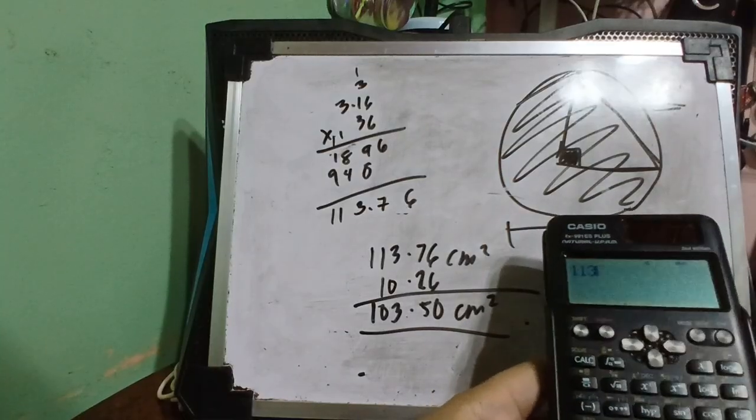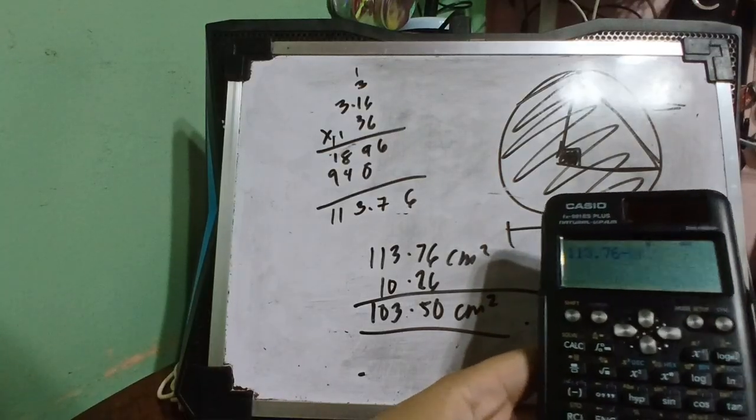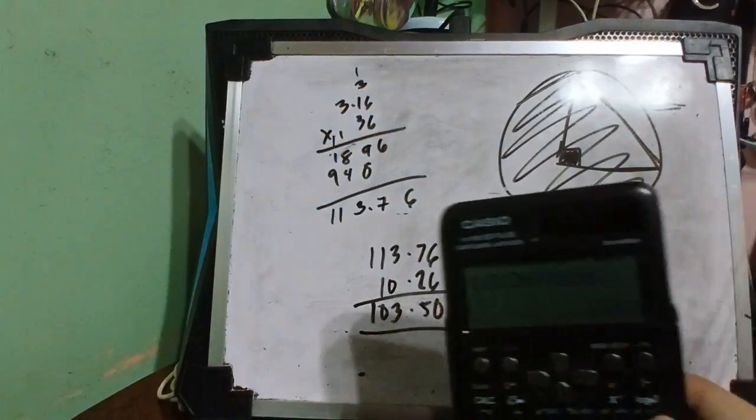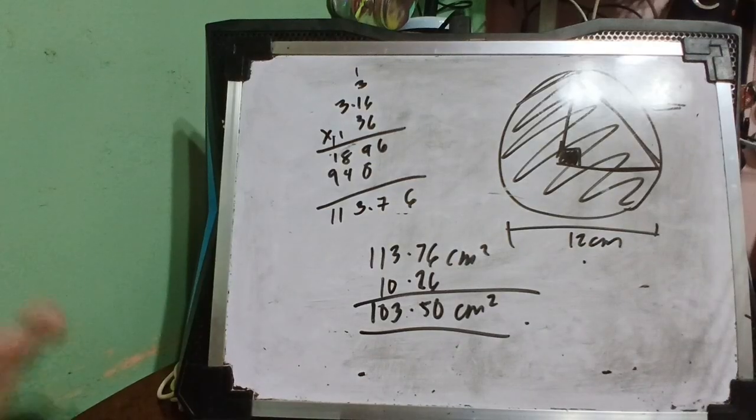So 113.04 minus 10.26, we have 103.5 cm squared in total. So our answer is correct if we use 3.14, which we do, because we're not allowed to use a calculator.